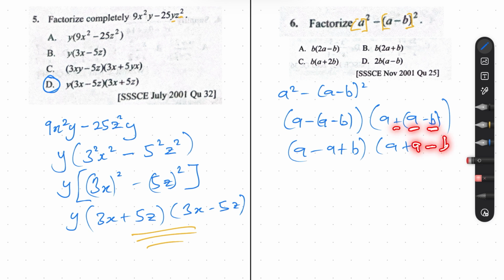Now let's simplify. A minus a cancel out, then we have b here. On this side we have a plus a, which is 2a, minus b. So let's write that down: 2a minus b. This is our solution.